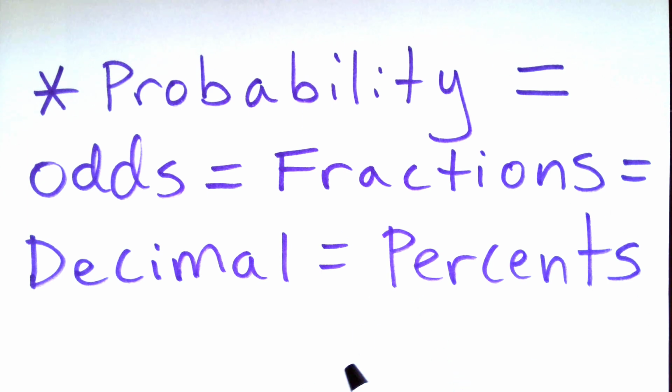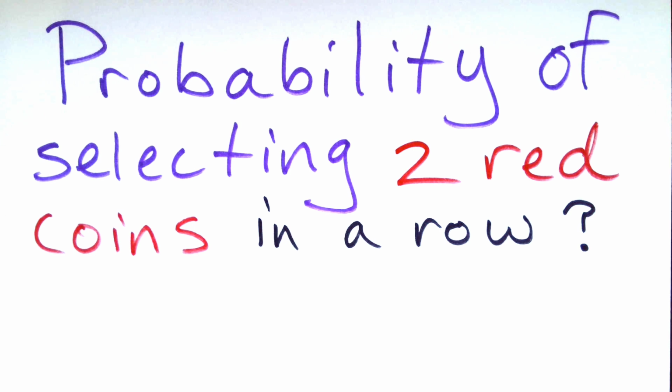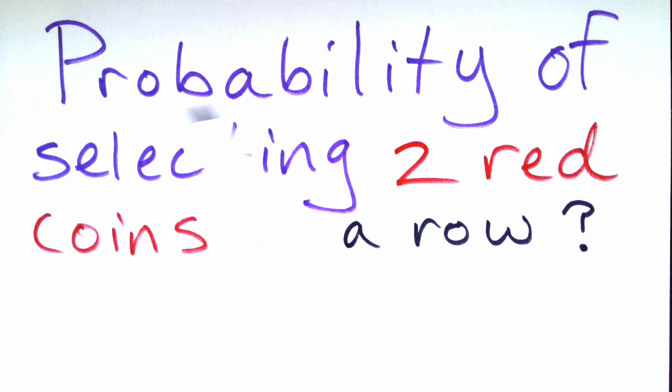Probabilities are fractions, probabilities are decimals, and probabilities are related to percents. I want to make sure that's crystal clear. So again, the question in this problem is asking the probability of selecting 2 red coins in a row.